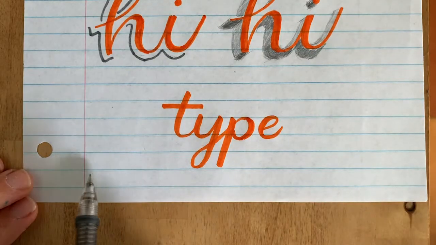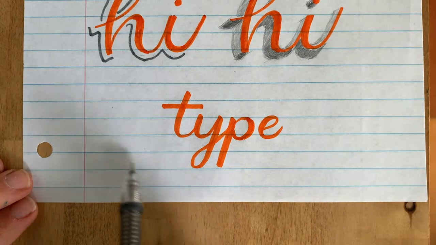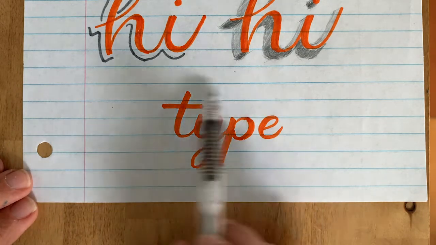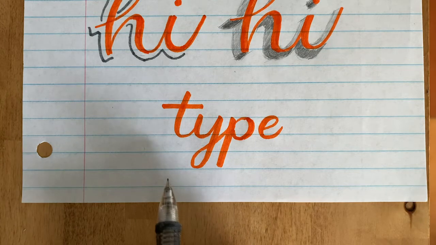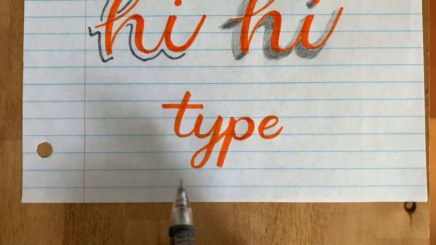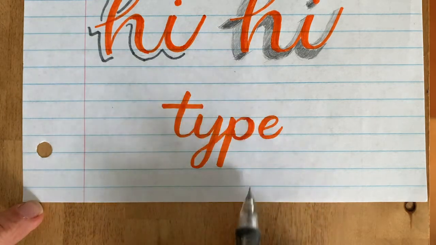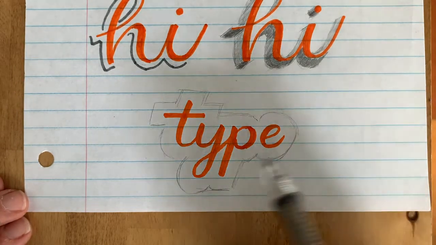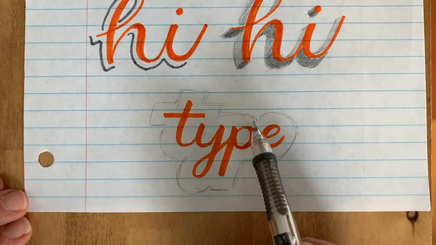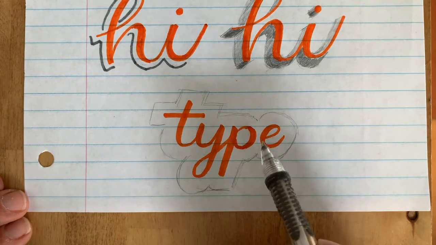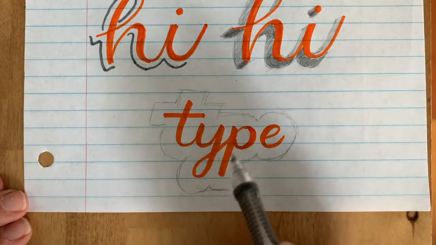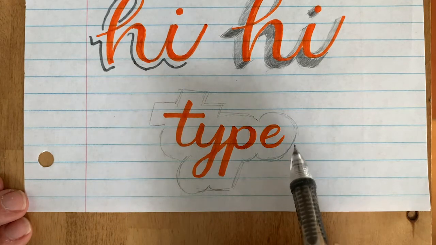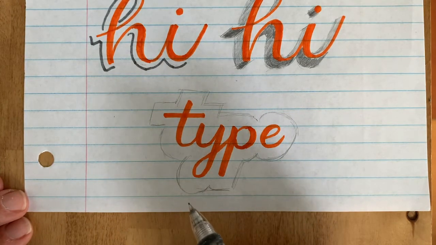Another nice effect is to make your words or letters look like a sticker. So for this, I need a word longer than high. So I'm going to use type, and what I'm going to do is outline the entire word. And you want your outline to be pretty far away from the letters. So I've sketched it in, for me, a little bit more than 1/4 of an inch, but you can go even further. Just try and hang on to some of the definition of the shape of the word because that makes it more interesting.